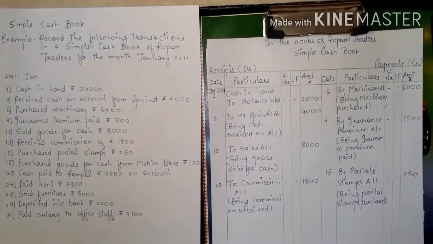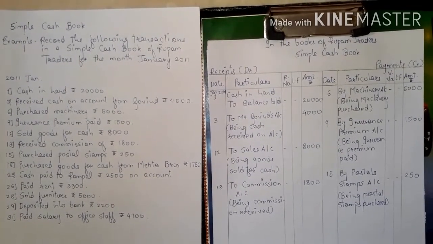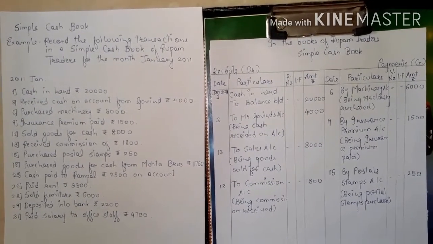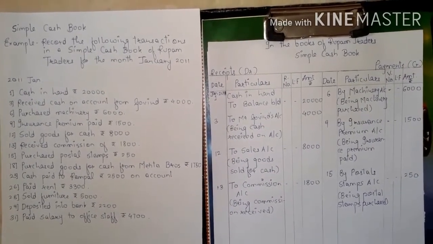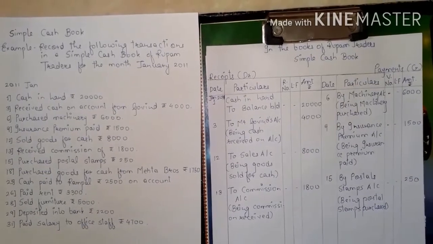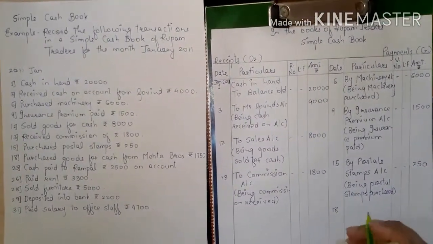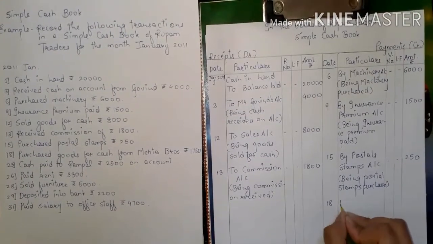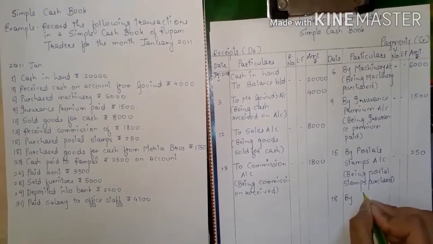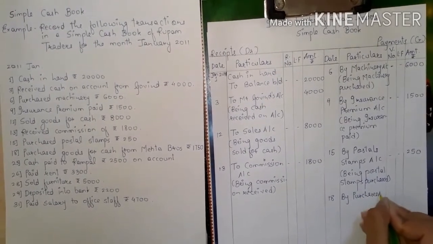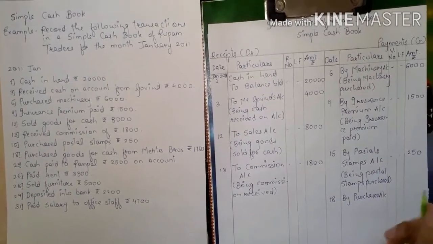So again we have to write down in the payments column, because we are paying cash to Mehta Bros, that is we are paying the amount, so we have to write down this transaction on the payment side. 18th, by purchases account, what is the amount?